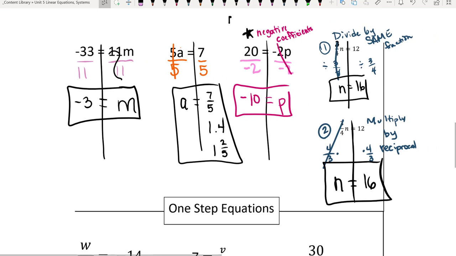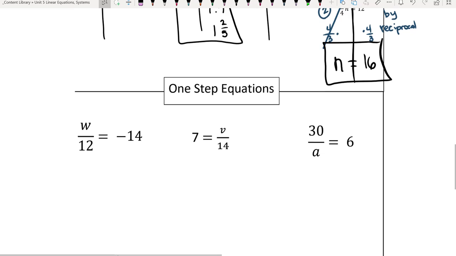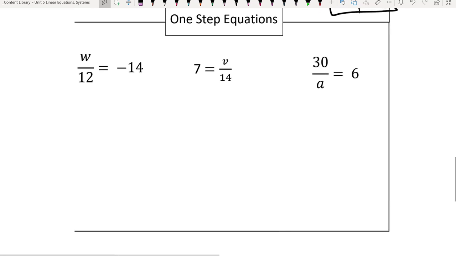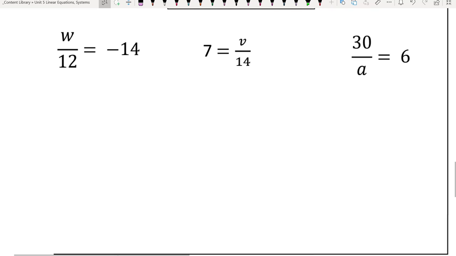Okay? Next, let's deal with these guys down here. These are all division symbols down here. So w divided by 12 is equal to negative 14. Again, we've got to get rid of the number that is with the variable. The number that's with the variable is divide by 12.